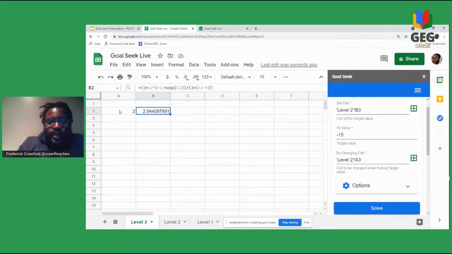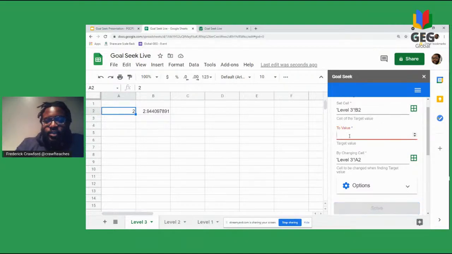So let's go ahead and set our cells. This cell right here to the right, I'm going to set it. And then this cell to the left, I'm going to set it here. All right. Now, I said this was almost equal to 3.5613.